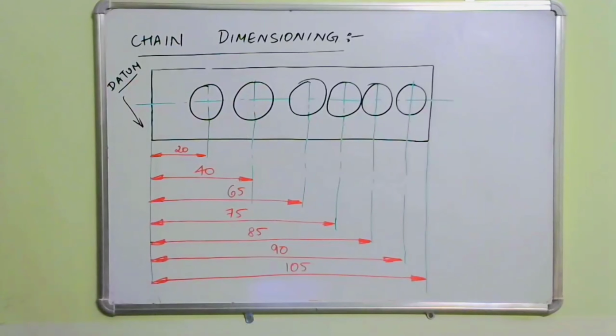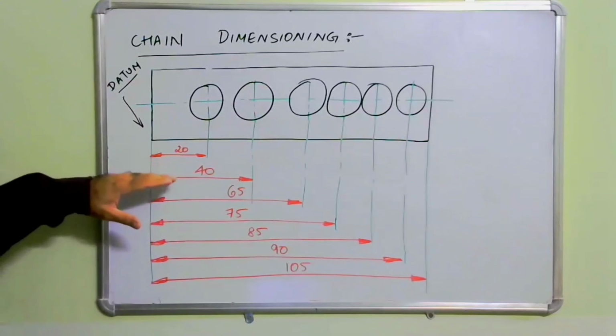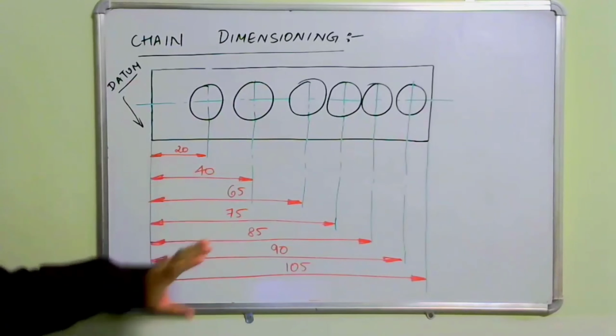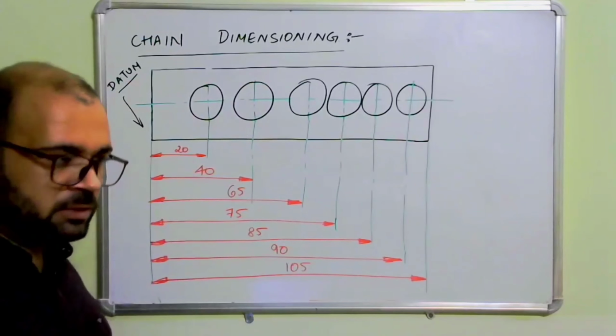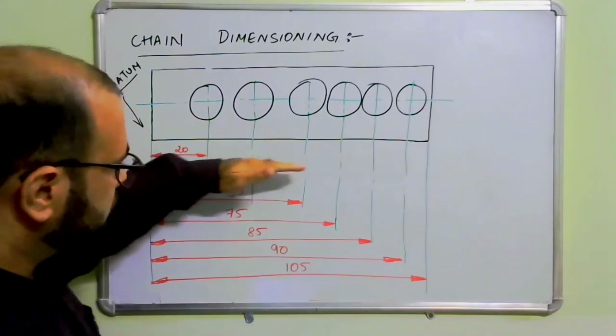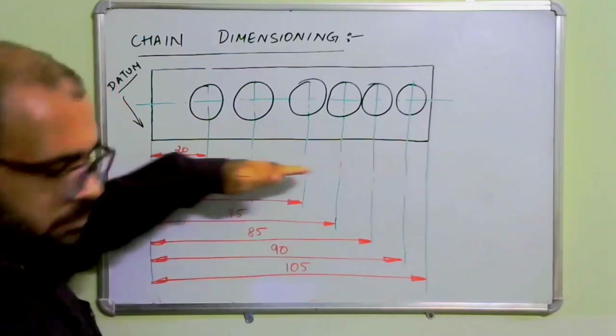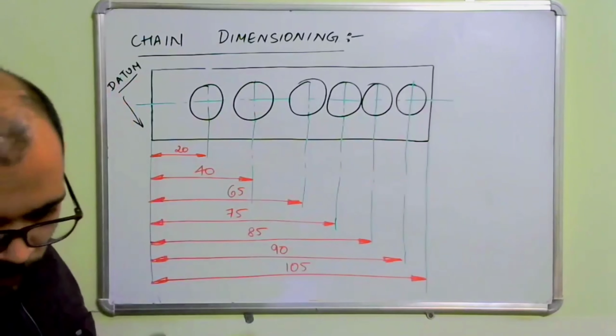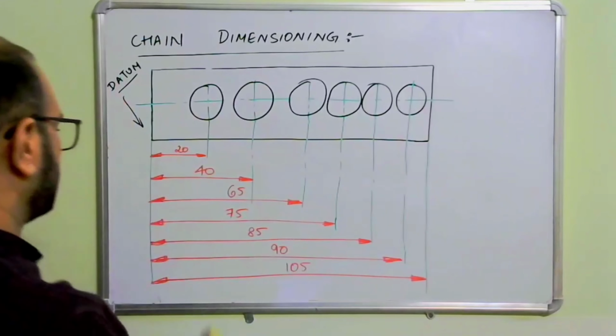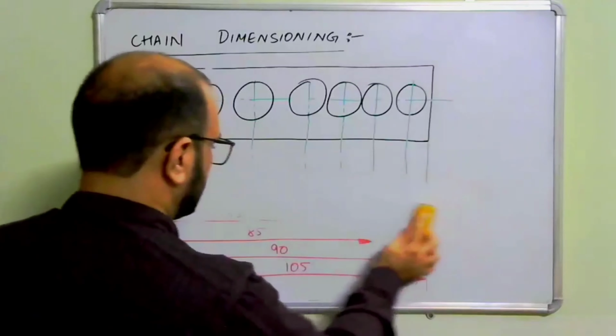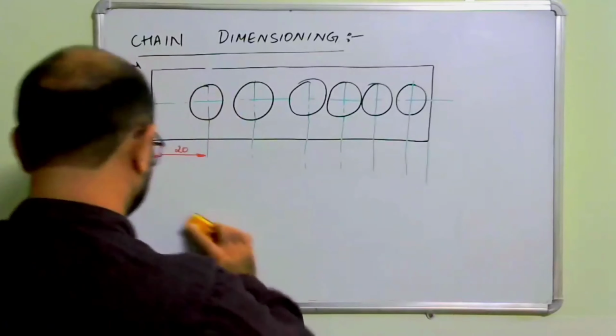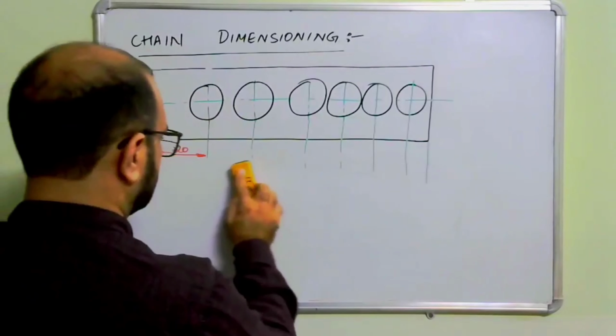Here you had all the dimensions parallel to each other. In chain dimensioning, you will have all the dimensions in a line, which form a chain. So I'm converting this same figure into chain dimensioning now, so it would be easy for you to understand.